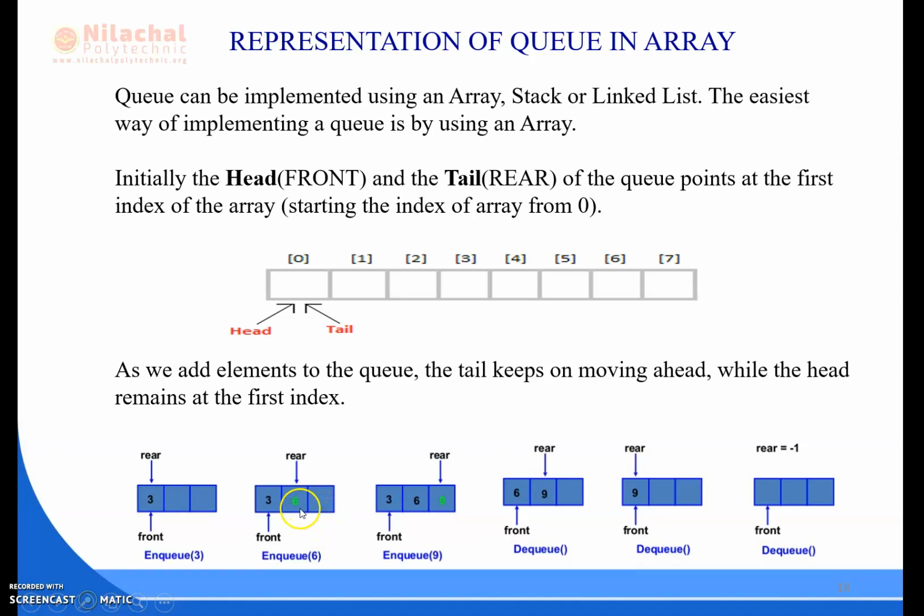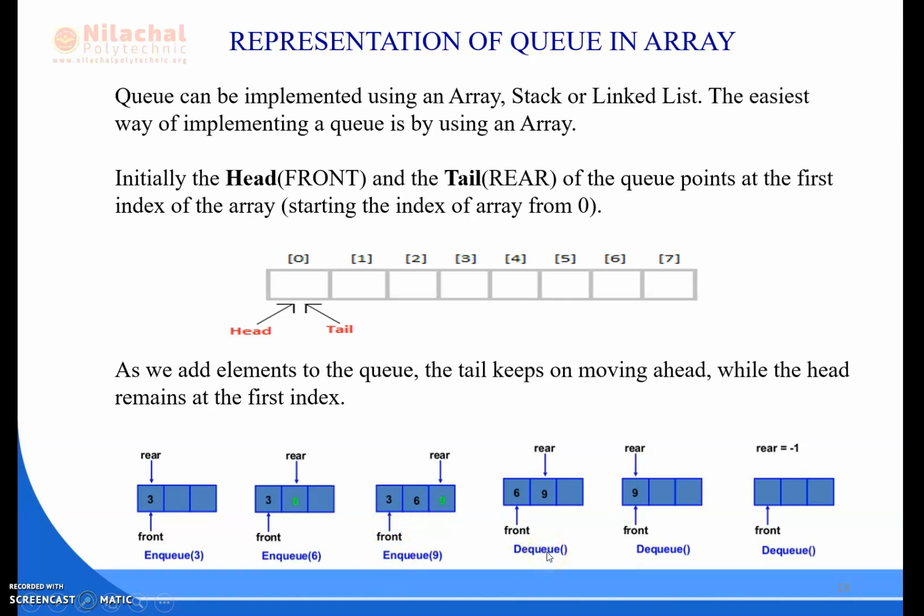When we enter another element, for example we enqueue 6, it is entered at the rear part, so the rear position shifts to the second position. The front is the first position and the newly inserted element is at the rear position. Again we enqueue 9, then the rear is incremented by one position and comes to the third position, and the front is fixed. The first element is the front or head.